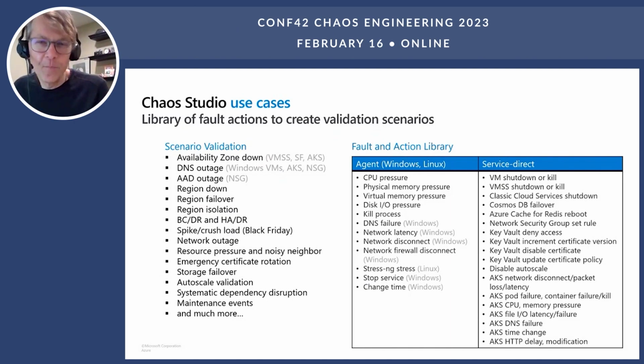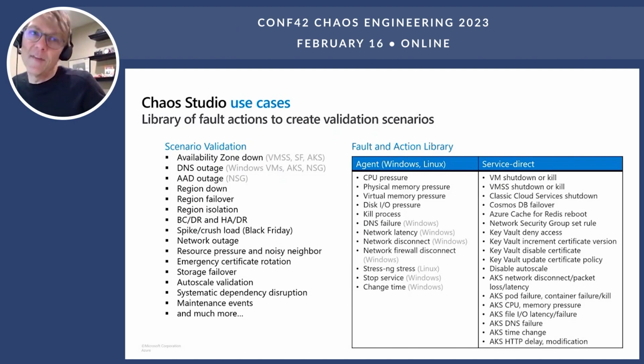And then a really cool sub aspect of that is Azure Service Tags support a regional component. So you could do things like block access to Azure Cosmos DB East US and affect only the Cosmos DB databases that are running in East US. And that would allow you to do things like a region failover or a region isolation drill.